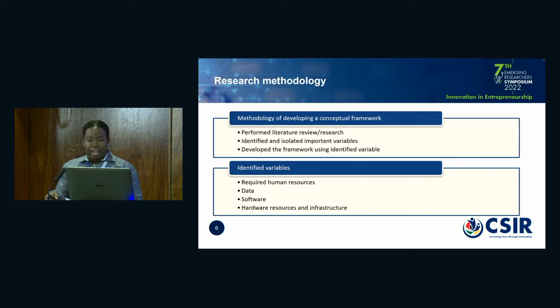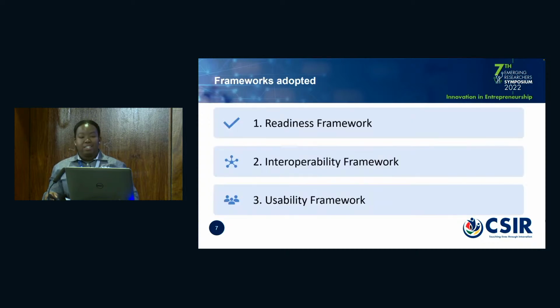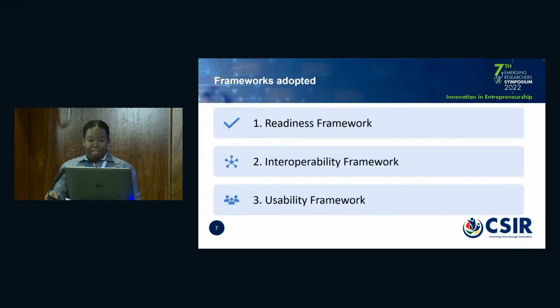So for this research, the identified variables were the required human resources, the data, software to be used to implement the project, and the hardware resources and infrastructure. So there were 3 frameworks that we identified for this research. The first one was the Readiness Framework, the Interoperability Framework, and the Usability Framework.